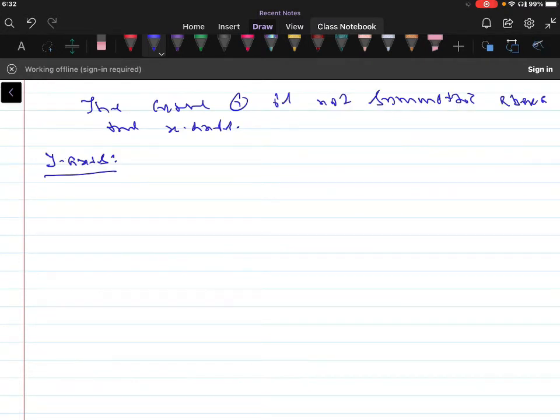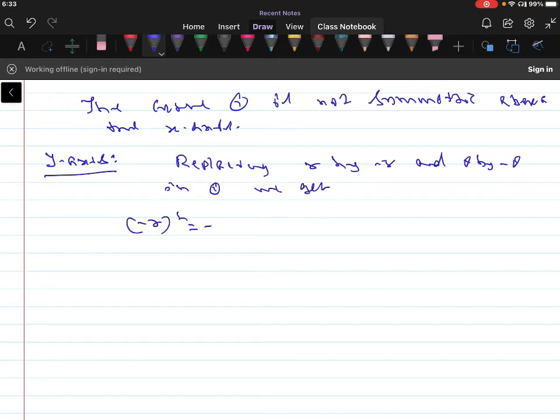To check whether the given curve is symmetric about the line theta is equal to pi by 2 or y-axis, just by replacing r by minus r and theta by minus theta in equation 1, we get minus r whole square is equal to sine of minus 2 theta. So this implies r square is equal to minus sine 2 theta, not an equation of the form 1.